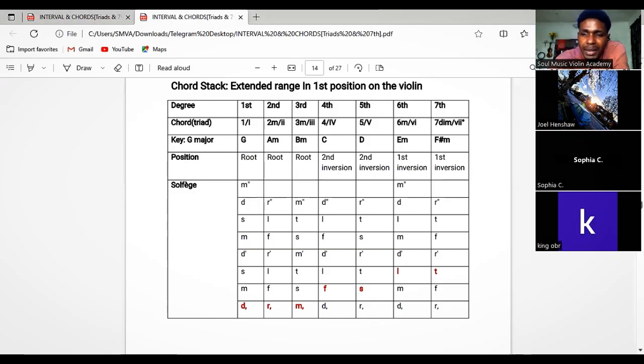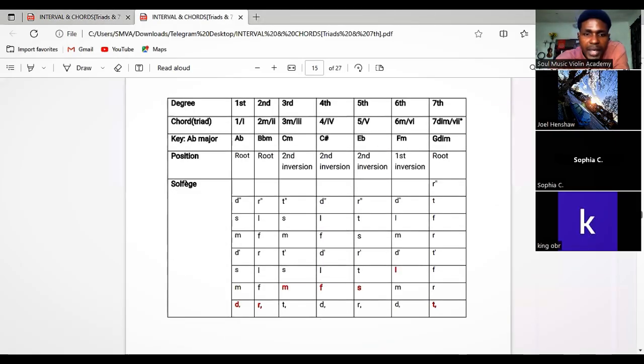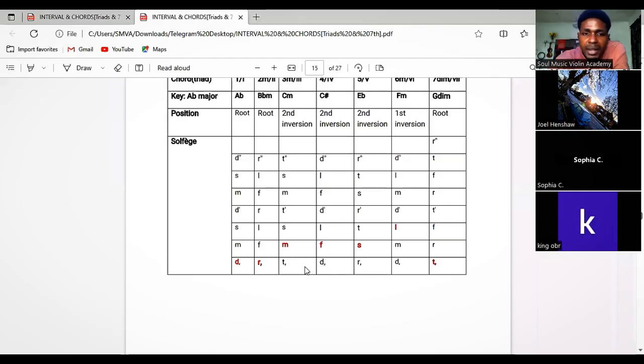Now can you see I started from the third? G becomes C. I didn't start from root position again. Do you get my point? Yes, I do.